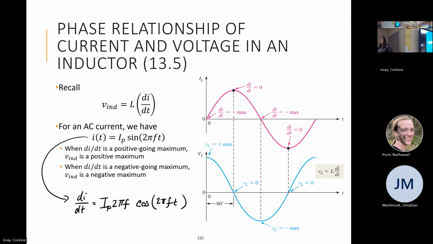So with this, it does mean that we can have an equation for, sorry, that should be a peak. The peak voltage inside of our inductor should be the inductance times the peak current, 2 pi times that frequency. Or sorry, no inductance there.